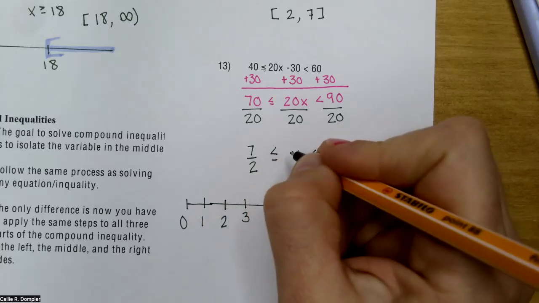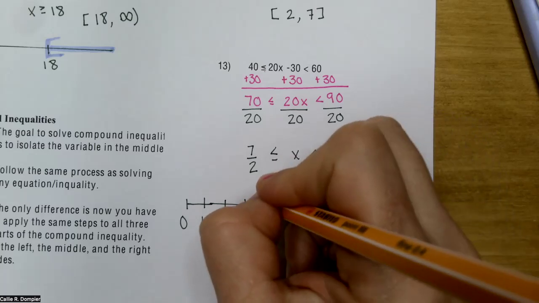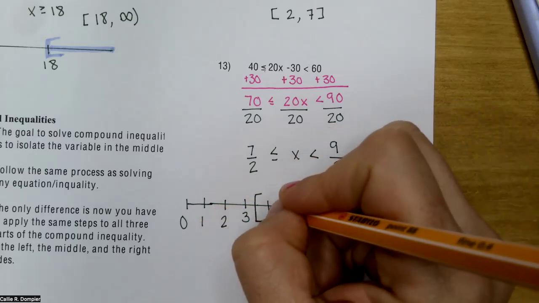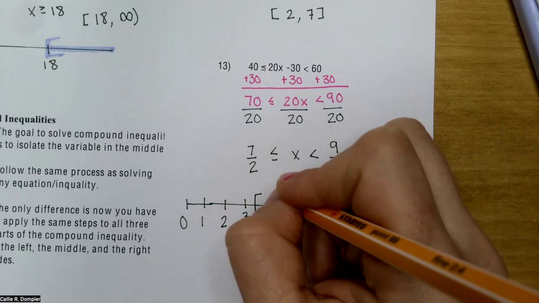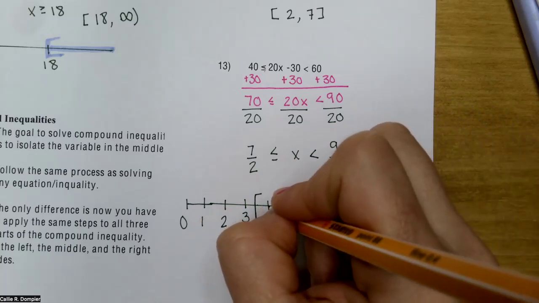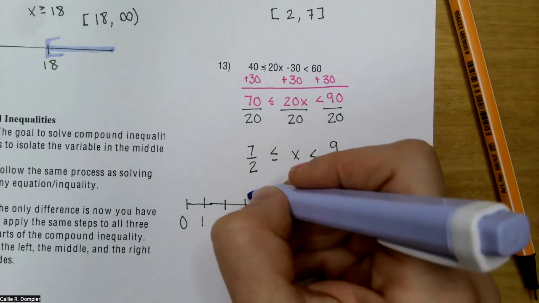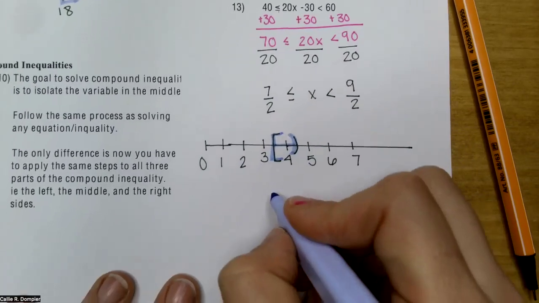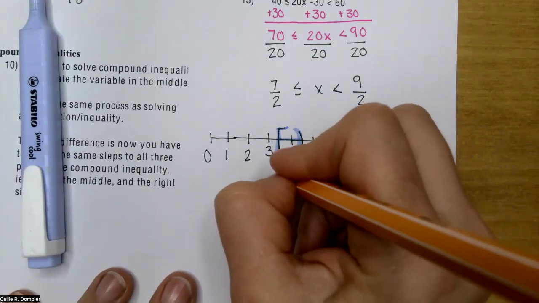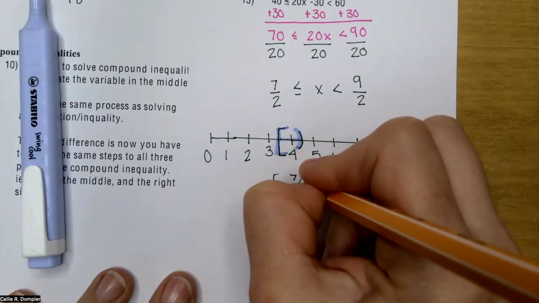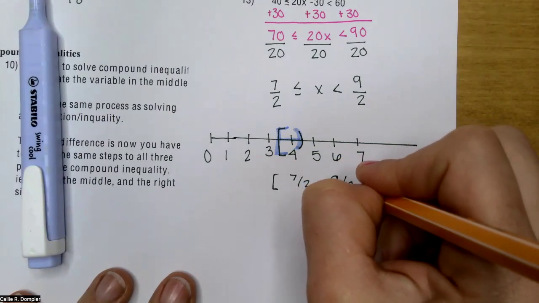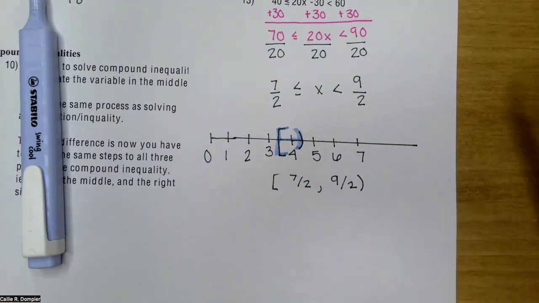X is greater than or equal to 7 halves. And then 8 halves, 9 halves. It's less than 9 halves. So it's between 3.5 and 4.5. And we'll write this as bracket 7 halves to 9 halves. And that one closes like that.